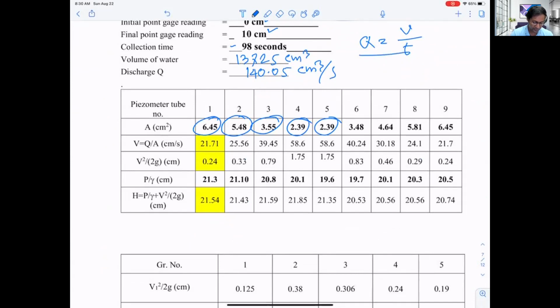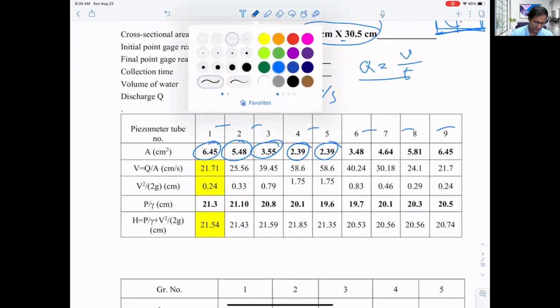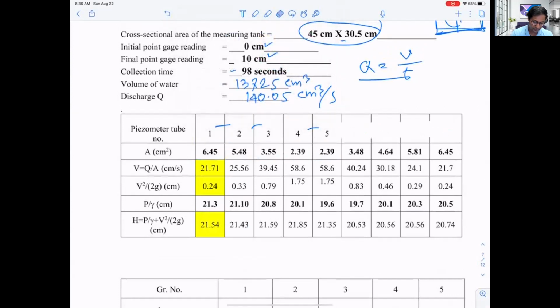Now we need to calculate the velocity for each of these 9 locations, right? When we're moving from left to right. So we have Q and we have the cross-sectional area, right? Because we know the continuity equation, Q is equal to AV. We need V equals Q over A, right?